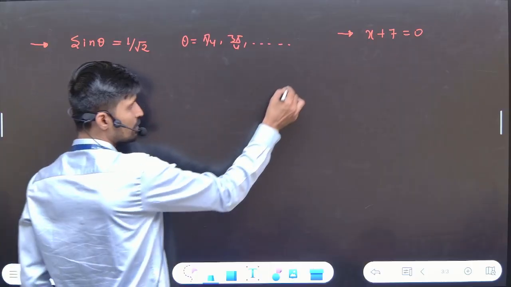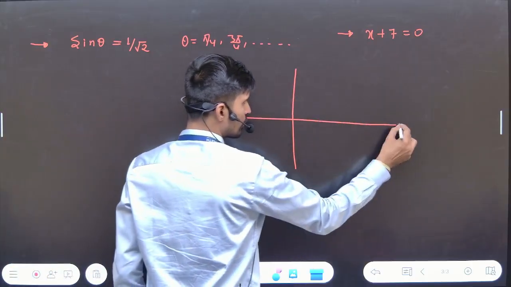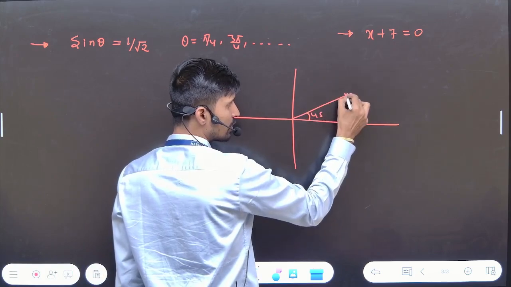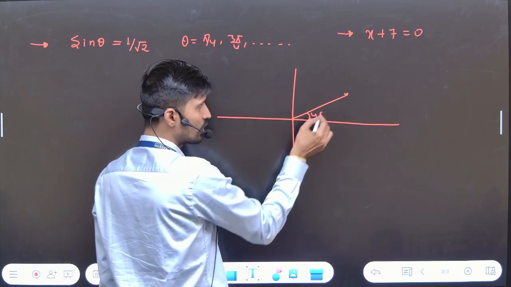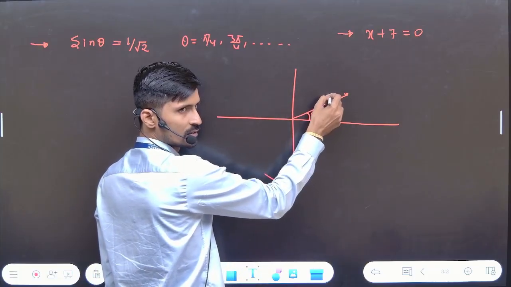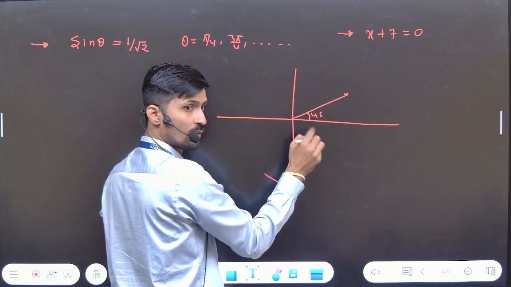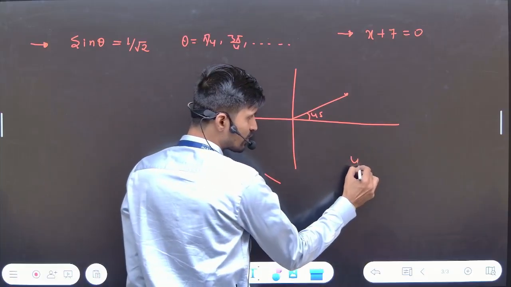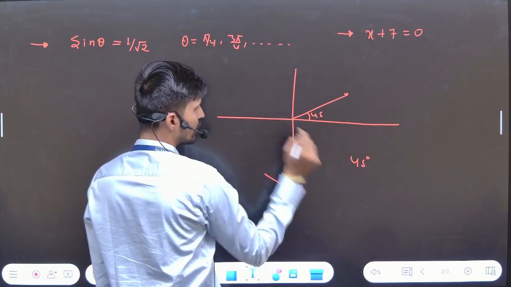If you remember, let me remind you. Suppose this is your angle, 45 degree here. The first angle you got is 45. Now again rotate 360 degree. So 360 plus 45 is 405. The next angle you will get is 405. So one angle is 45 degree, here I am writing 45 degree, pi by 4.